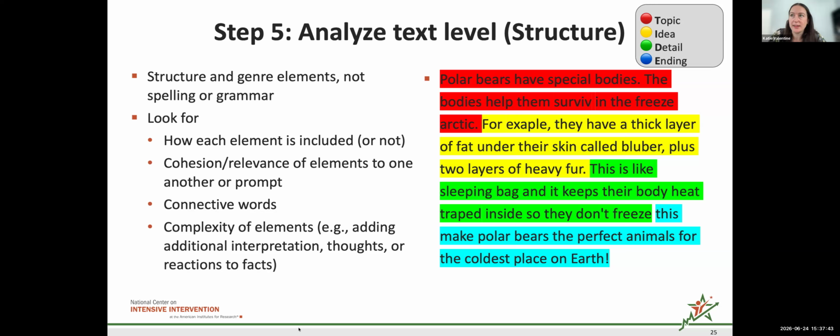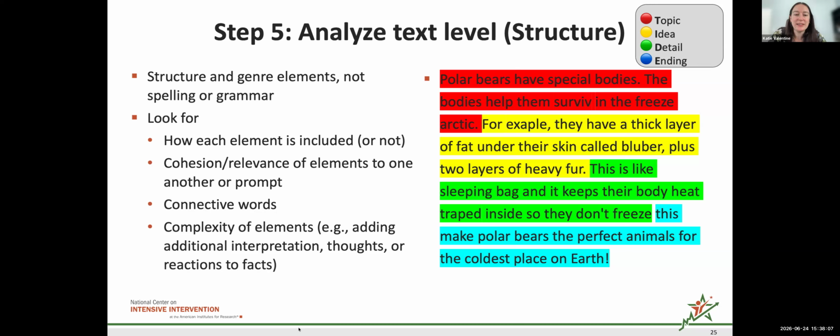I also think that they have a really nice added sophistication in this green detail. Not only does the detail add on about this thick layer of fat under their skin, giving a little bit more information, it also, I think, adds a really nice interpretive piece. They compare it to a sleeping bag and talk about why that's important.